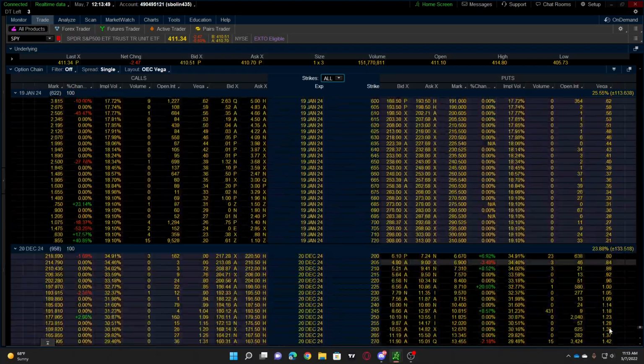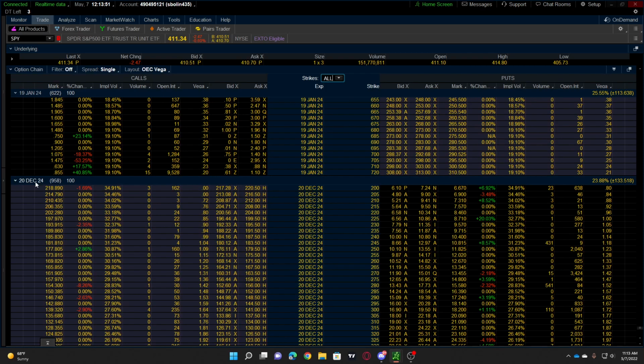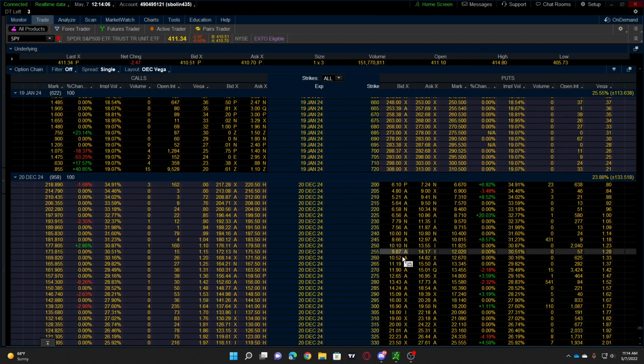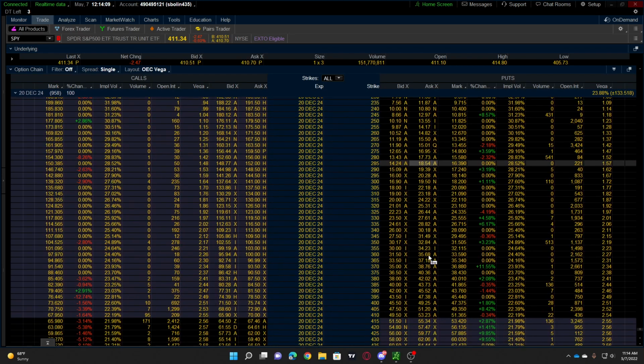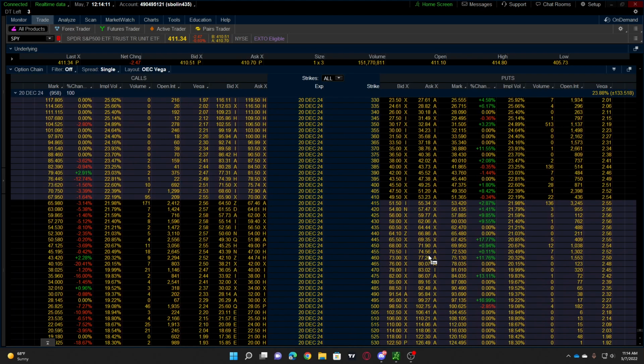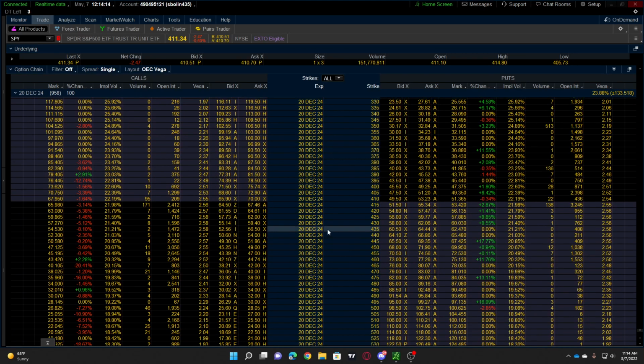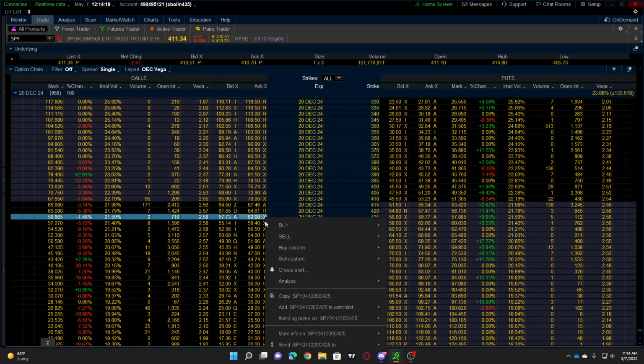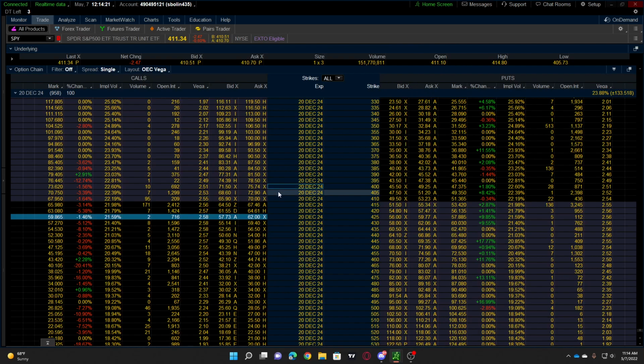So if we go out to December 20 of 2024, 958 days in the future, and we look at the Vega value, we could identify options near the money, at the money and out of the money, and we can ask a simple question. First, where's the greatest amount of Vega? Is it near the money, in the money, or out of the money?